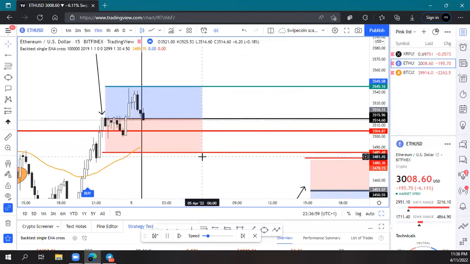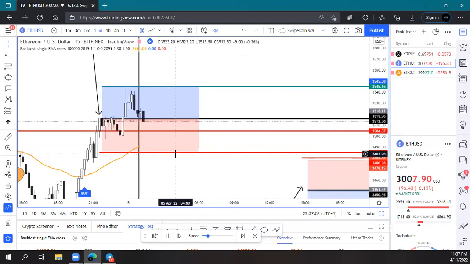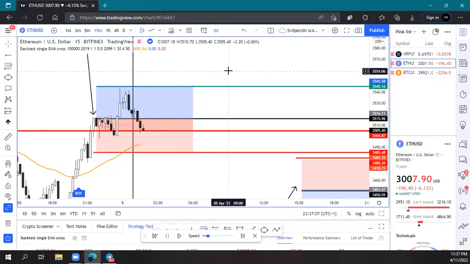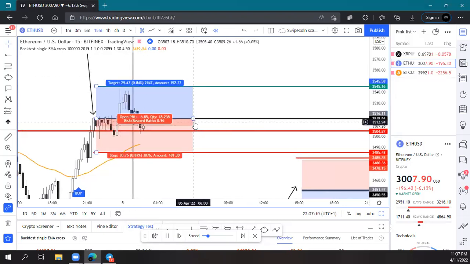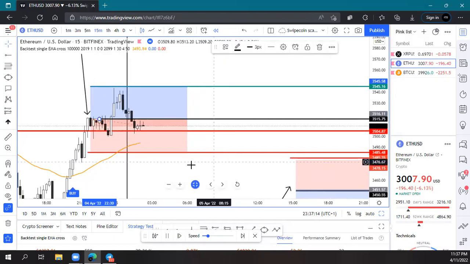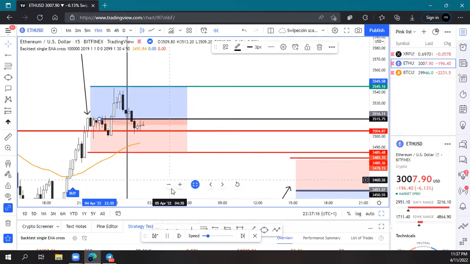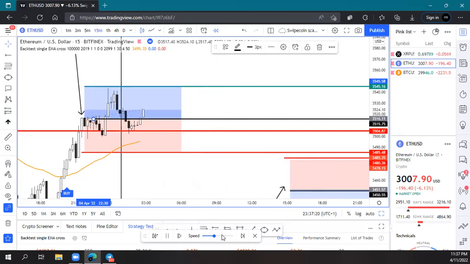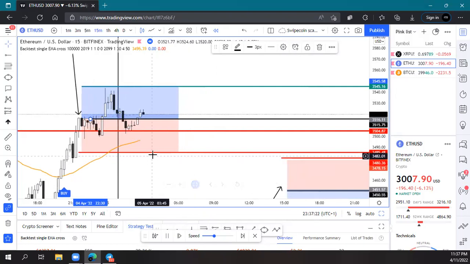Let's see what happens. This thing came around the TP and just bounced off. Let me see what happened. Right, so it's back in profit.